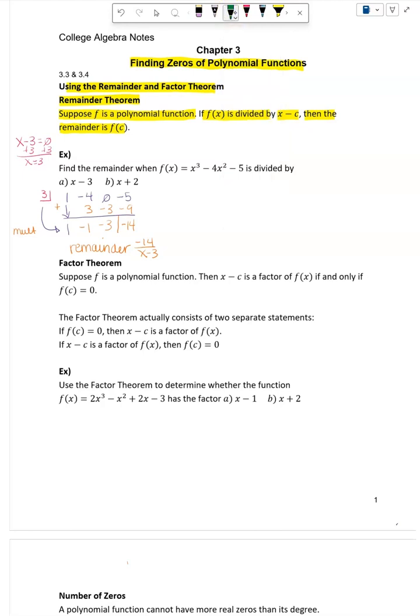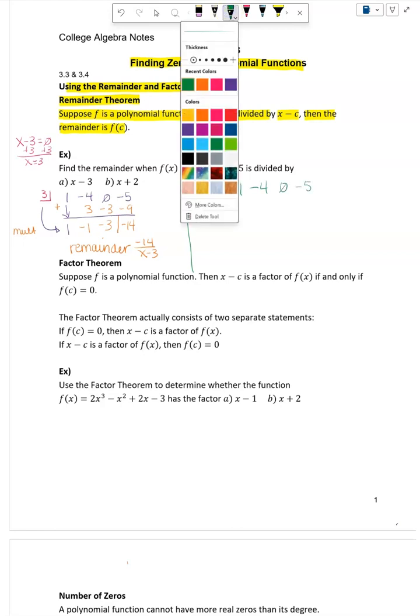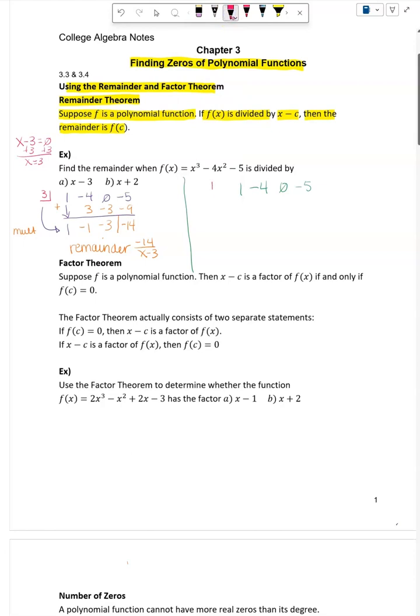Okay, now let's do b. So for b, we're still going to have the same coefficients, so it's going to be 1, negative 4, 0, and negative 5. But this time, in our little box, we're going to have a negative 2, okay? So we're going to drop this one like he's hot. Negative 2 times 1 is going to give us a negative 2.